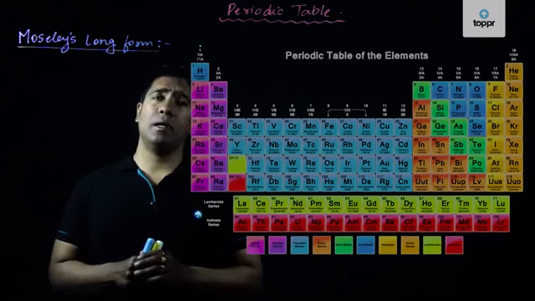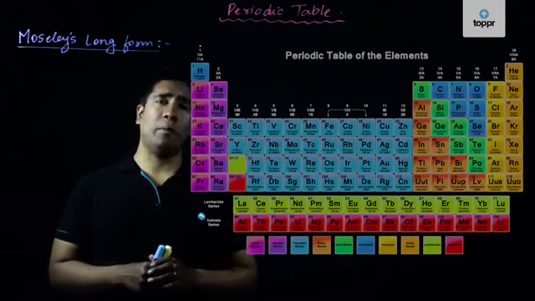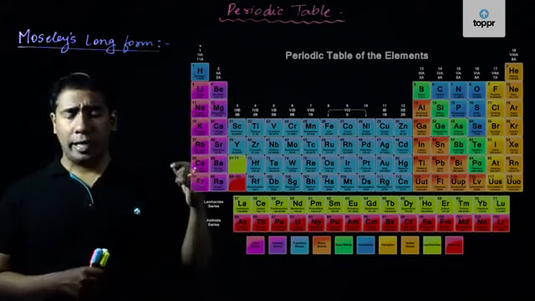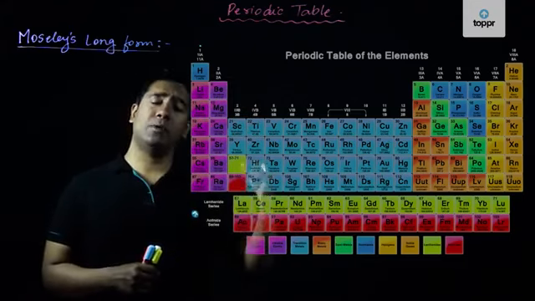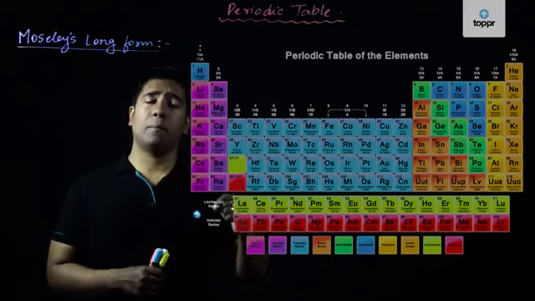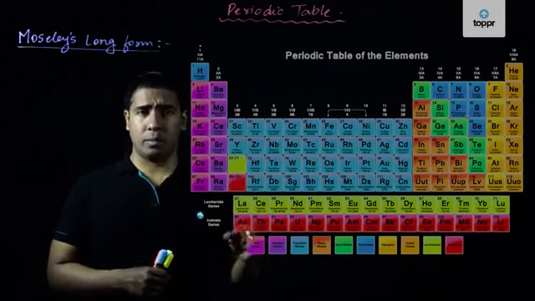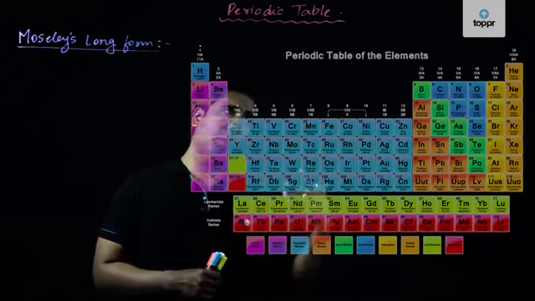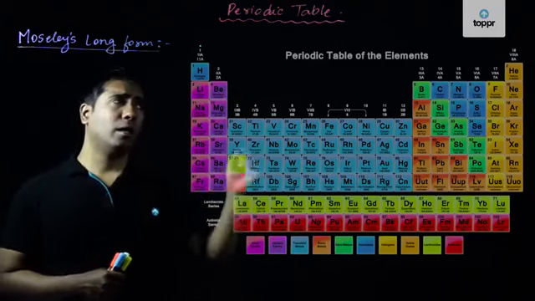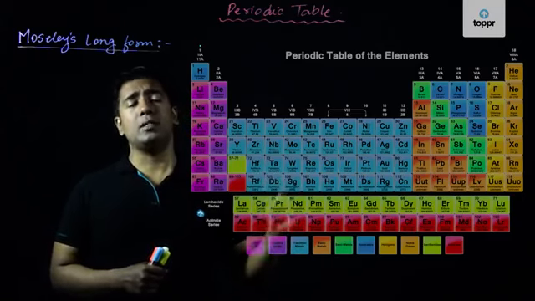Now, we will be understanding what is the basis of the different blocks of the periodic table. It is very simple. S block elements are those elements in which the last electron enters the S subshell. All the different blocks are defined in a very similar way. P block elements are those in which the last electron enters the P subshell.